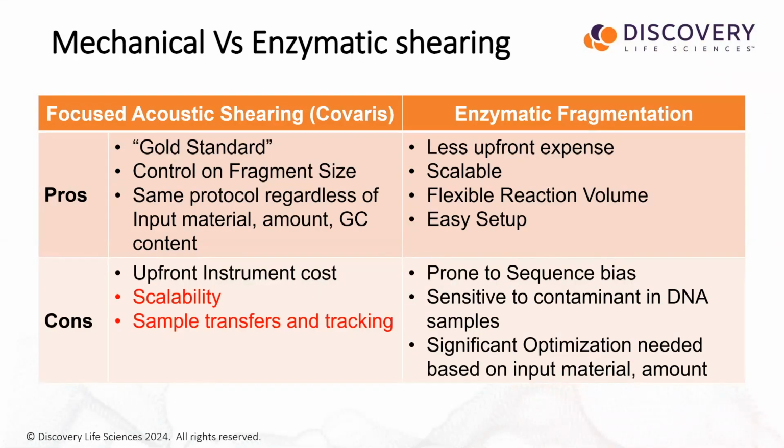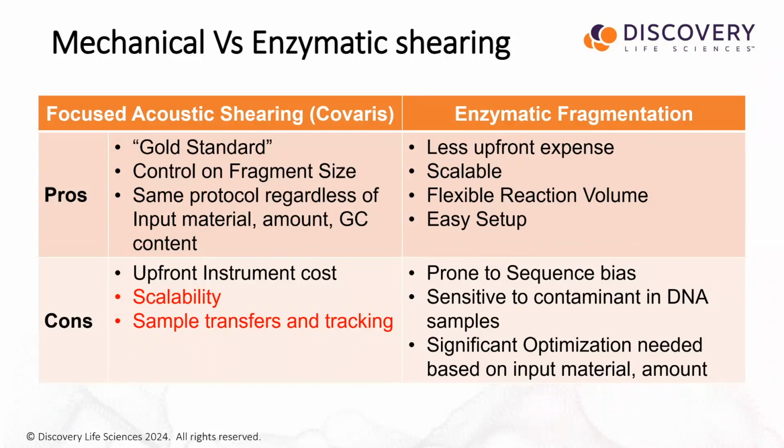I want to show you this table here where some of the pros and cons are listed between mechanical and enzymatic shearing, and I'm going to take my attention towards the focused acoustic shearing technology from Covaris and compare it with a general enzymatic fragmentation side of things.